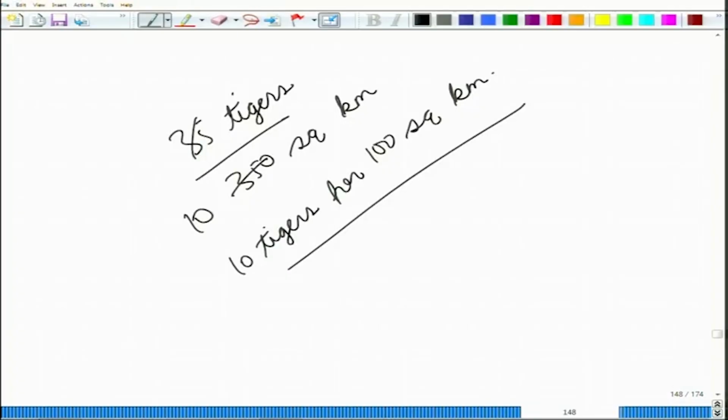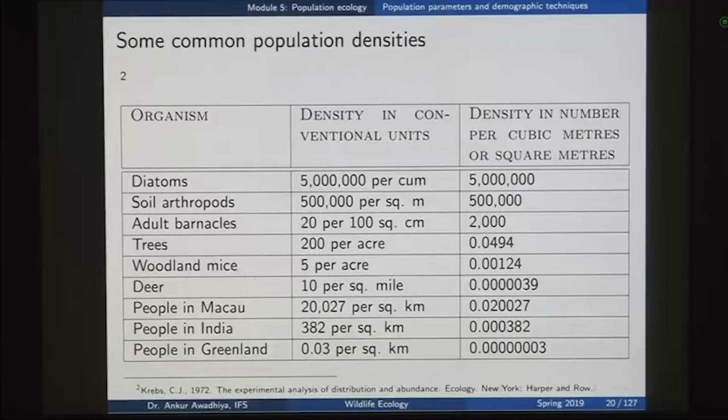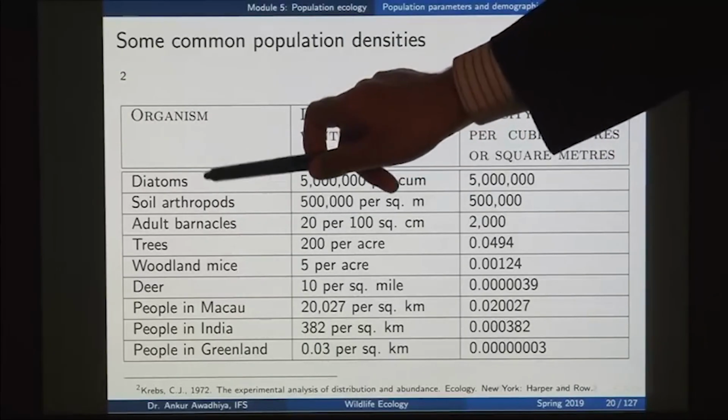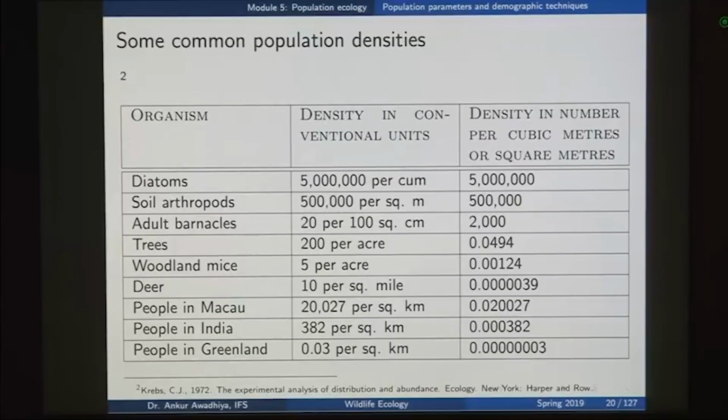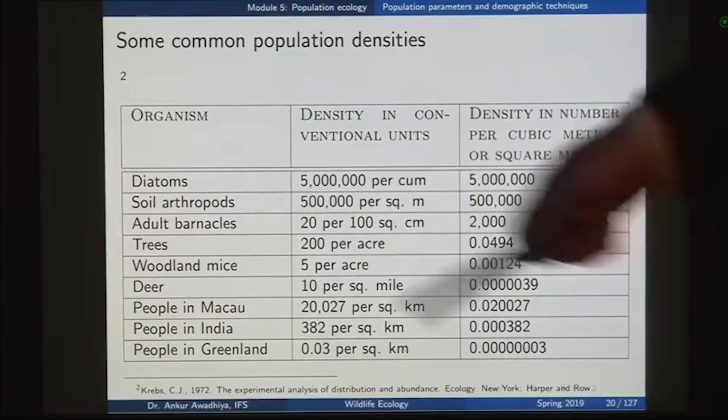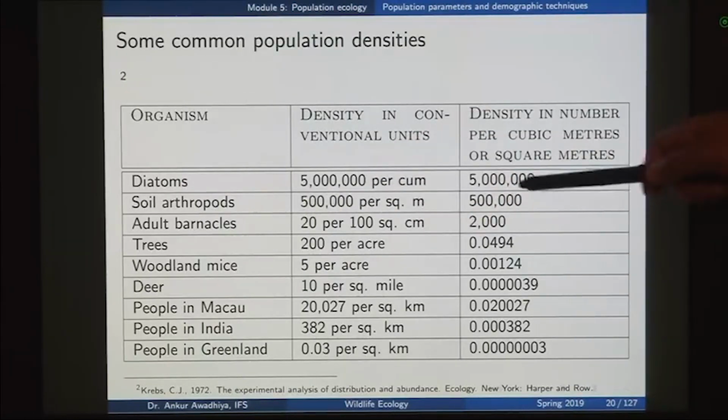Now, population density can vary a lot between different organisms. So, for instance, if we look at density in say numbers per cubic meter or per square meter, things such as diatoms. Now, diatoms are small organisms that are found in the oceans, and their numbers are represented per cubic meter. So, you have 5 million diatoms per cubic meter. When you talk about soil arthropods, you have this number of 500,000 per square meter.